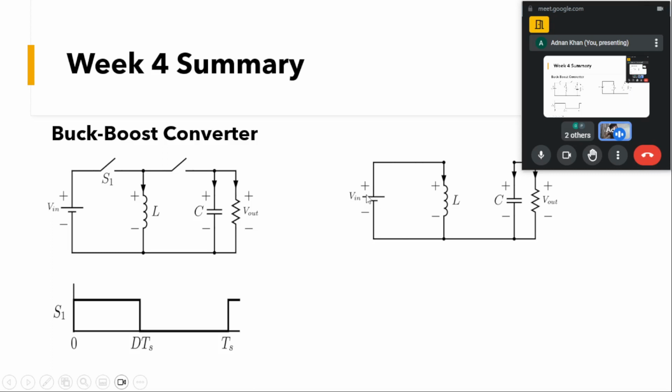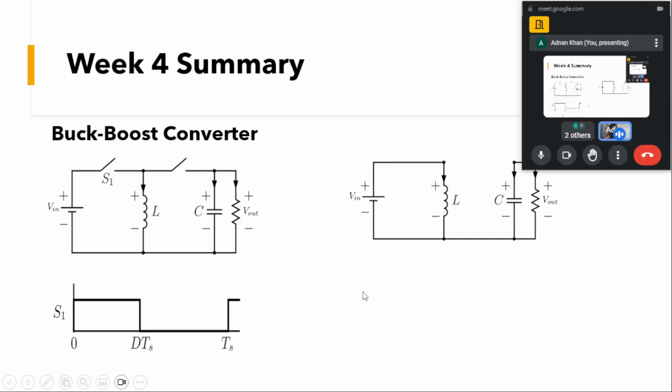We have a Vin and it will charge up this inductor, and we have this C across the output voltage. The input current will flow through the inductor, charging it up, and the output current will flow through the capacitor, which will discharge the capacitor.